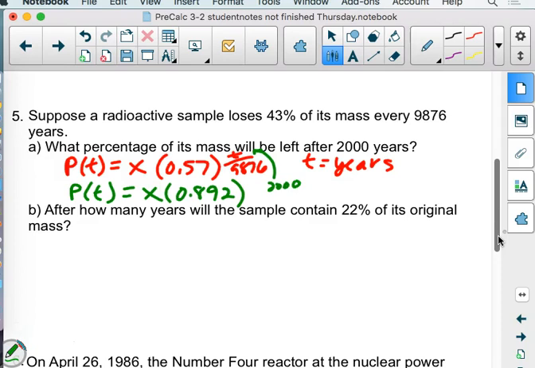Wait a minute. That is the percentage that's left. So what is that as a percentage? Notice I didn't clear it because I want those 3 decimal places. What would that be as a percentage? 89.240. So it turns out we didn't need to know what the initial amount was.